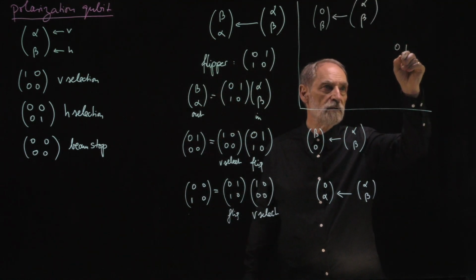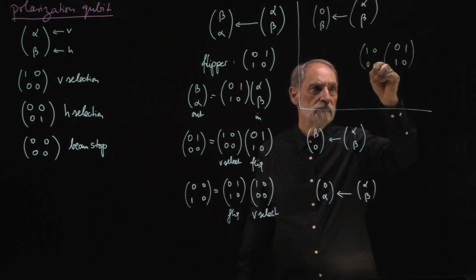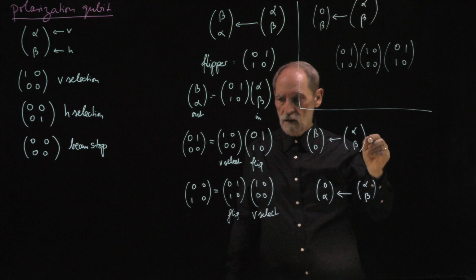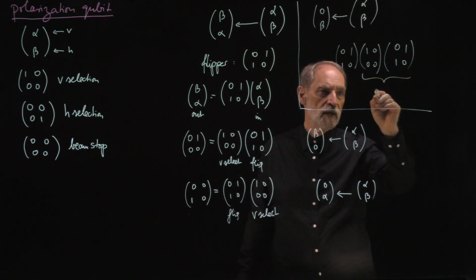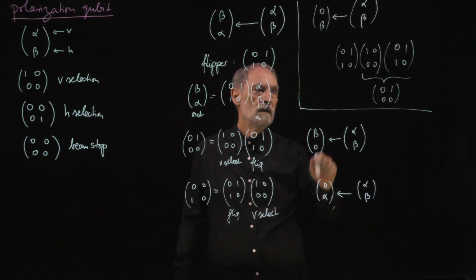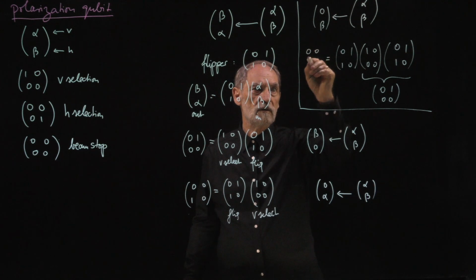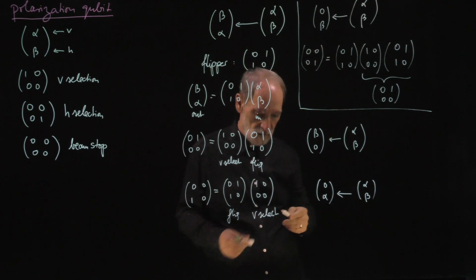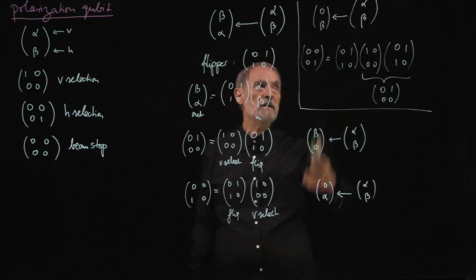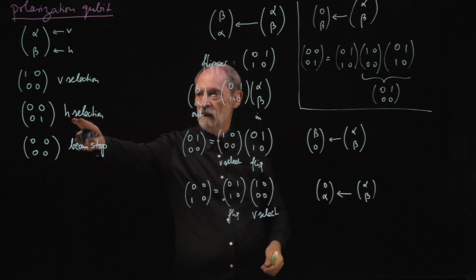We flip first, then we V-select, then we flip again. Now we have already seen that this product is the matrix 0, 1, 0, 0. And then multiplied with this matrix, it's the matrix 0, 0, 0, 1. So yes, indeed, we flip, we V-select, we flip again. The overall effect is an H selection.